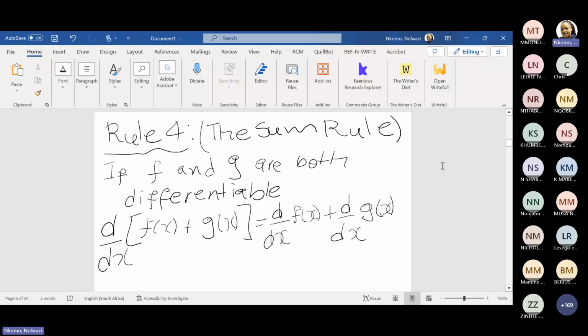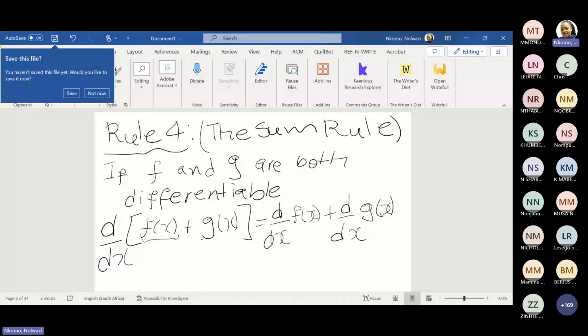Okay, rule 4. We don't even have time. The sum rule. If you are given 2 functions, f and g, and those functions are both differentiable, and you are asked to find the derivative of f at x plus g at x, you can write the derivative of this function as the derivative of f at x plus the derivative of g at x.